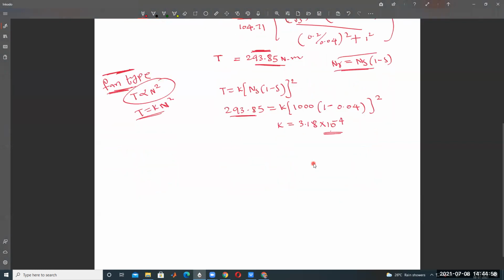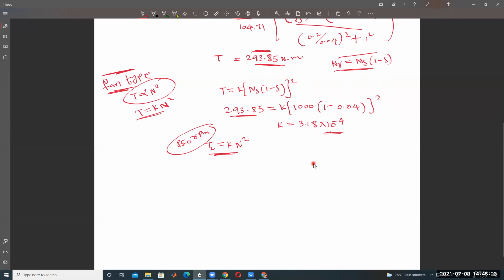For a fan load, torque is K times N squared. Am I right or not? At 850 RPM, find the load torque. From this relation you can easily find the external resistance inserted into the rotor circuit.